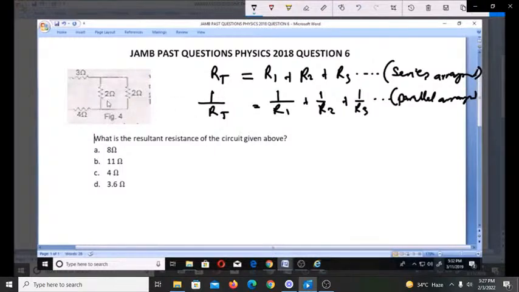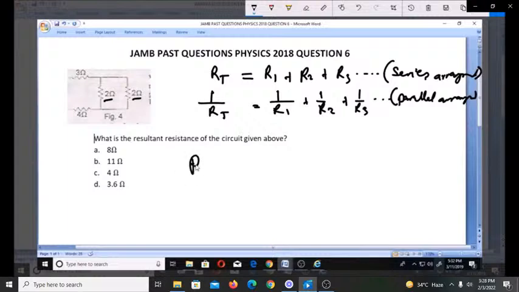We can add them up together so that we will now have a direct equivalent. So let's do it. Because this figure shows 2 ohm resistors which are in parallel, but they are now combining in series with these 3 ohm and 4 ohm. So therefore, the total resistance will be given as shown.